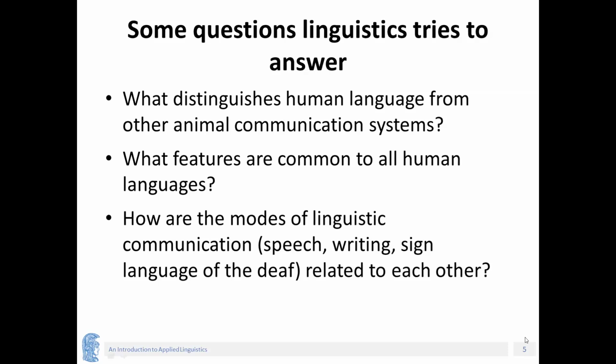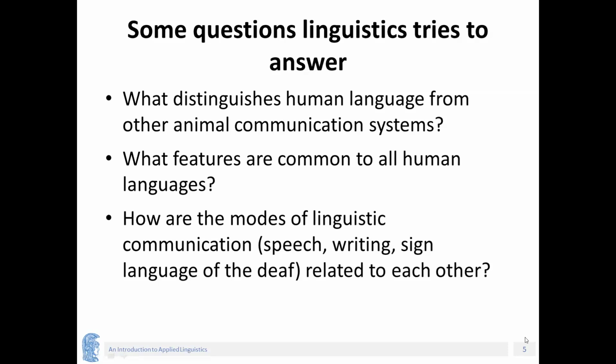Some questions linguists try to answer. What distinguishes human language from other animal communication systems? We humans have a language. There are many human languages. At the same time, animals also use a particular language.